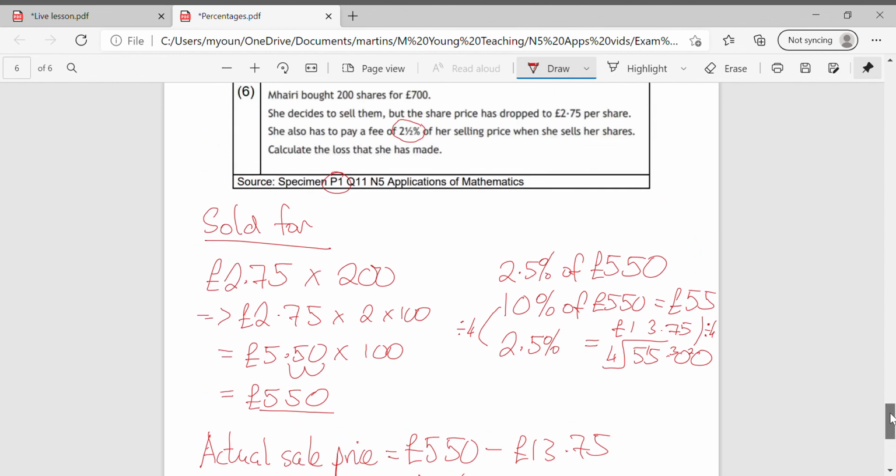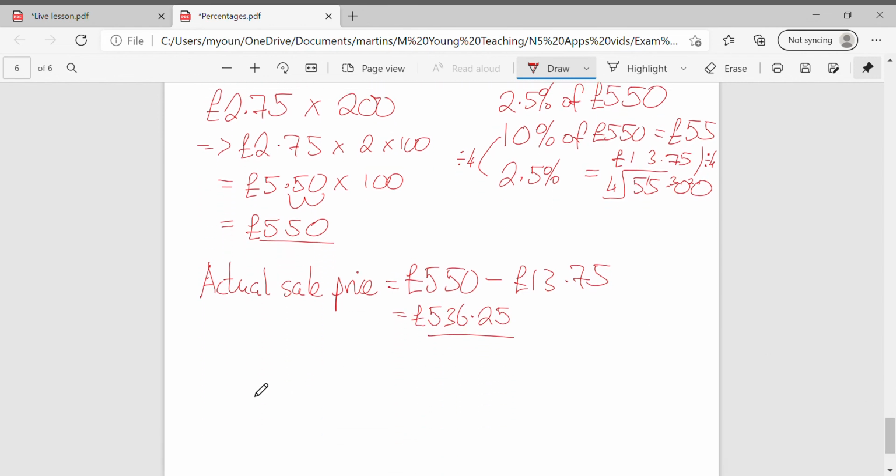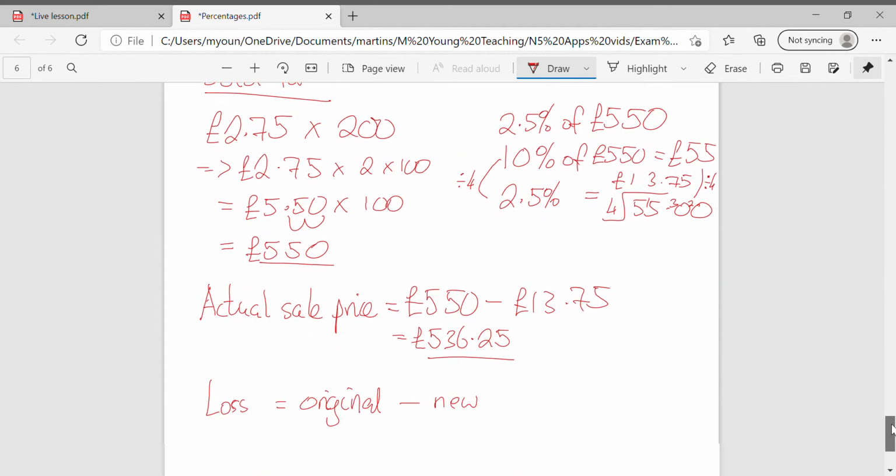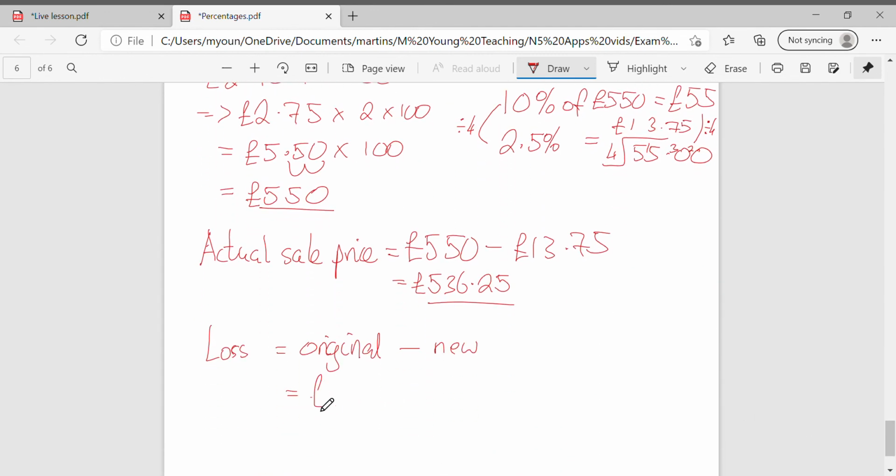We're asked to work out the loss. So the loss is just the original take away the new price, right? It's just the difference between those two numbers. She bought them for 700 and she sold them for that, 536.25. Set out a sum if you need to.